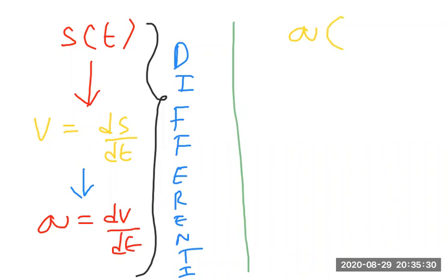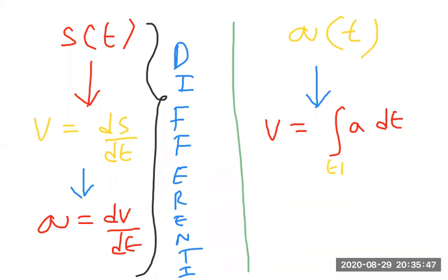If acceleration is given as a function of time, I can find velocity by integrating acceleration with respect to dt, because acceleration is varying with time. We can also apply the limits t1 and t2, and if velocity is given as a function of time, then I can find the displacement over a range.